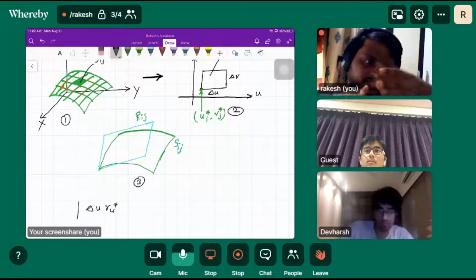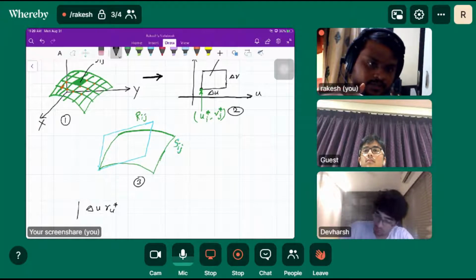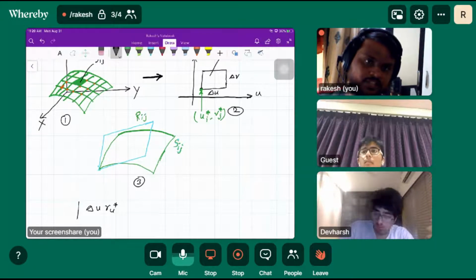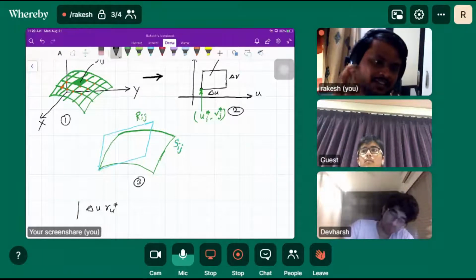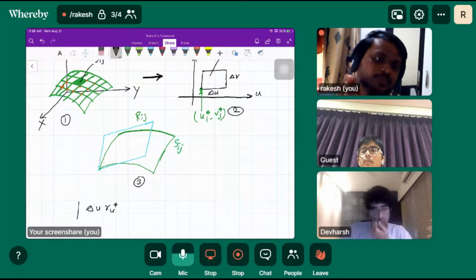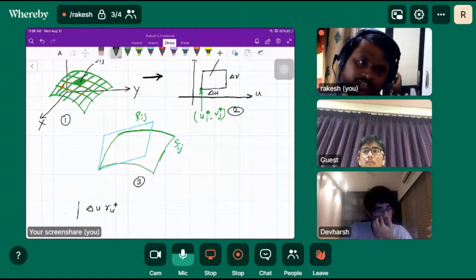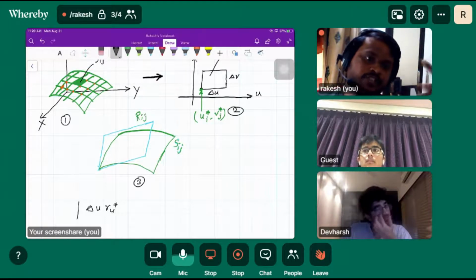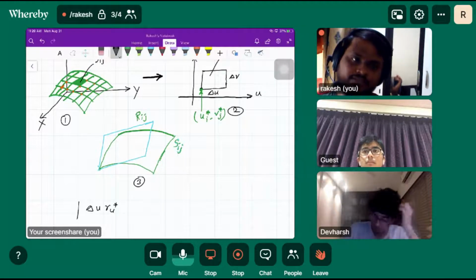If you have a surface, it will have three variables involved. Now understand it properly. If we have three variables, that is x, y, z, I can convert all x, y, z in terms of u and v. Now these are the parameters, right? So we got only two variables now. X, Y, Z are converted into u and v.